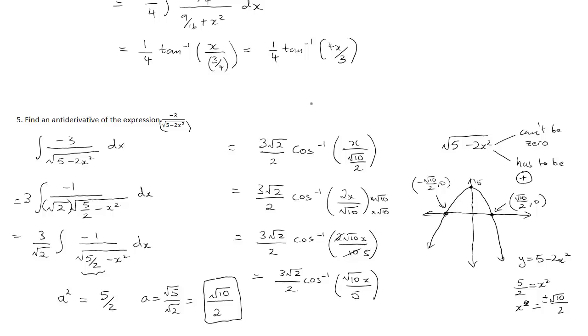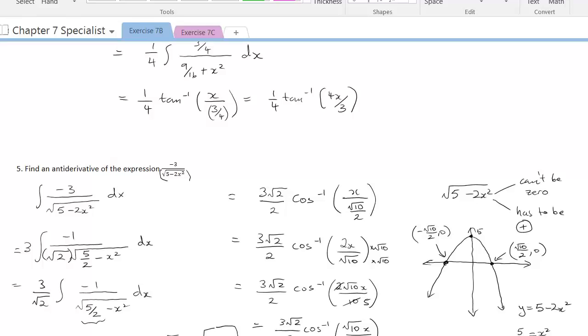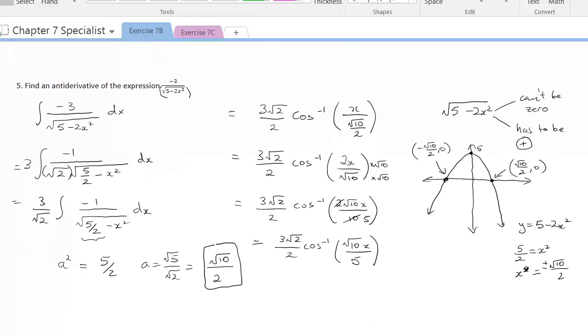Now, the region we're looking for in this problem is both the x values for which we won't get 0, and also it has to be positive. So we're looking for all of these values up here.